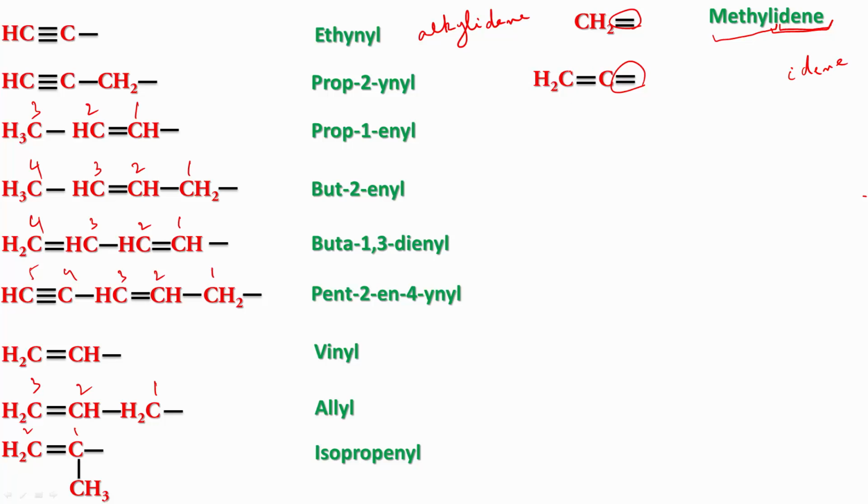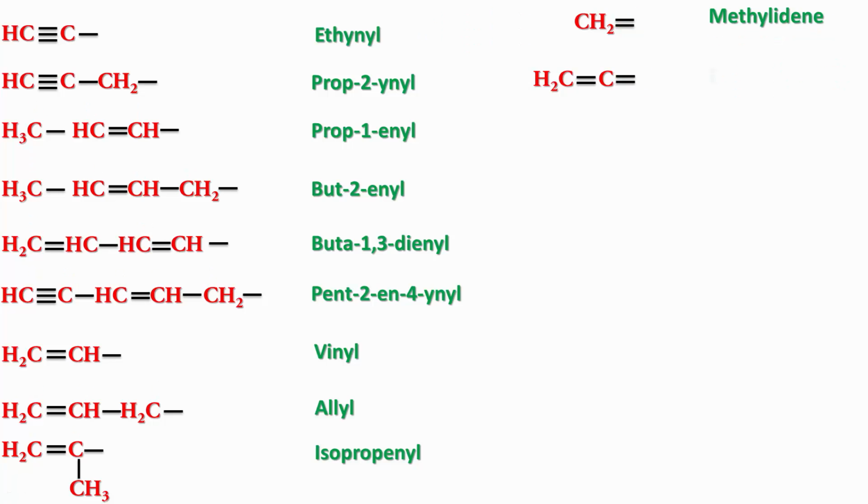So what is the rest? It's ethene. Since it's a side chain, ethenylidene. So what would you call this one? Well, I think this is defined by ylidene, and this is simply an ethyl group, so it should be ethylidene.